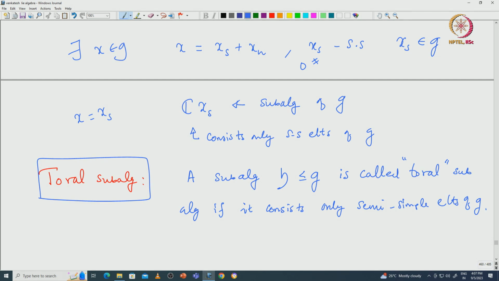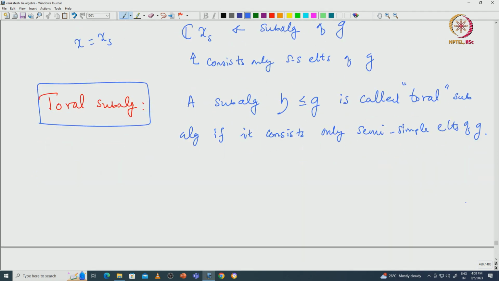Since G is finite dimensional, we can put inclusion as an order on the set of all Toroidal subalgebras. So, we can talk about maximal Toroidal subalgebras. A maximal Toroidal subalgebra is a Toroidal subalgebra that is not properly included in any other Toroidal subalgebra.